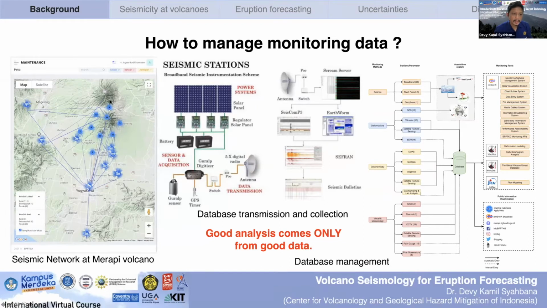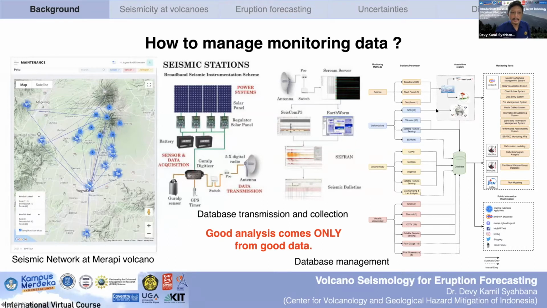Ideally we must have stations surrounding the volcano, but in reality, sometimes you face a very steep environment, and it is difficult to install there. Then we have to deal with that, and accept that we cannot install on that place.